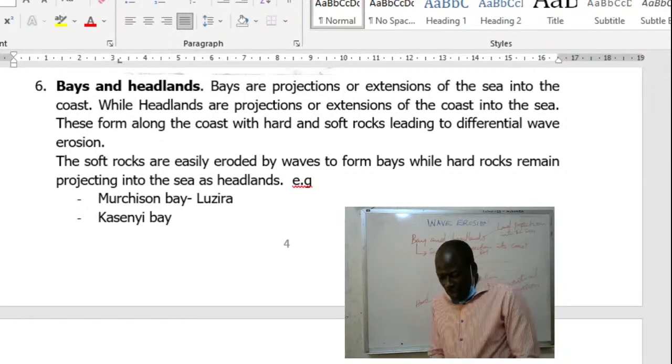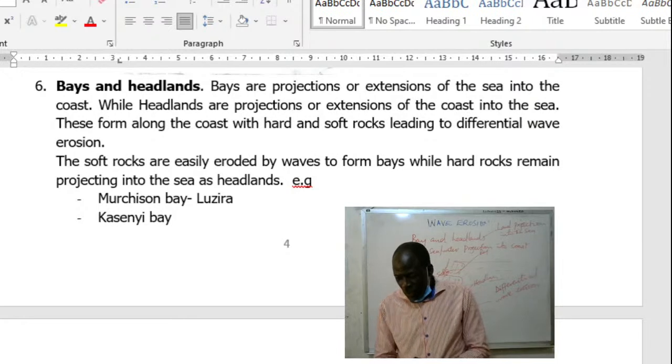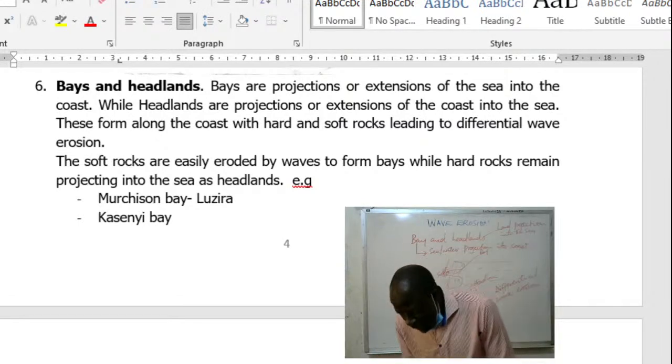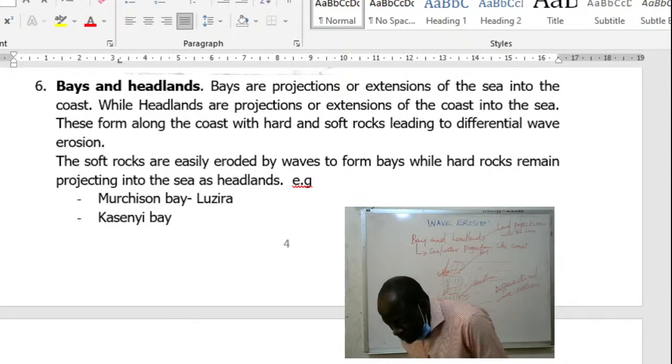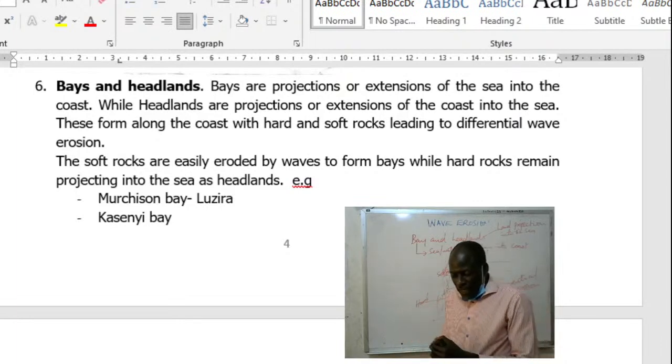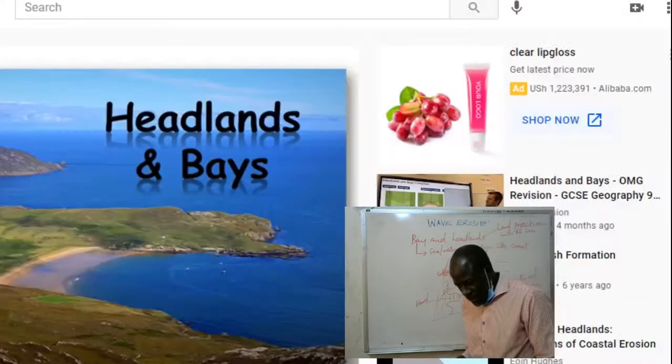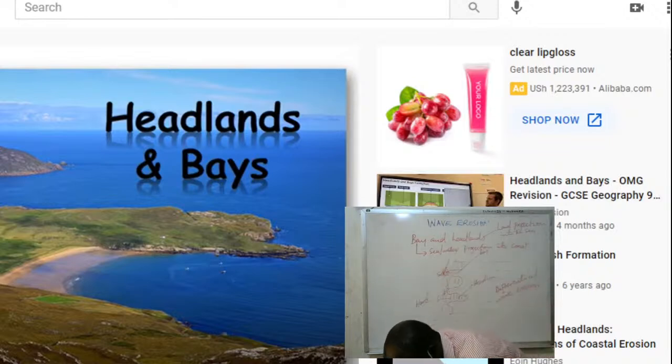There is an image that you can view on your screens of the headlands and bays. There's a beautiful one there that shows bays and headlands. Be patient, you'll be able to see it.